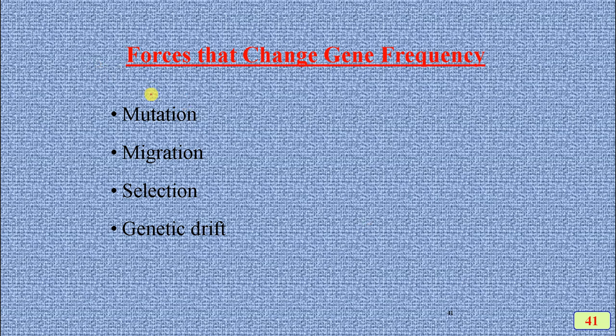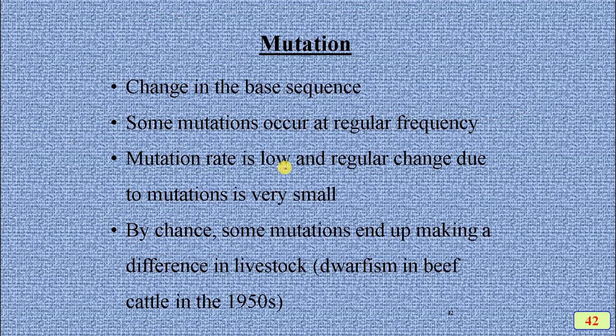Whereas there are a lot of forces that change the gene frequency, and we can classify them as mutation, migration, selection, and genetic drift. So this is also another important terminology. Already we learned mutation.